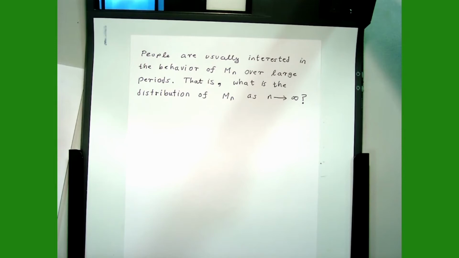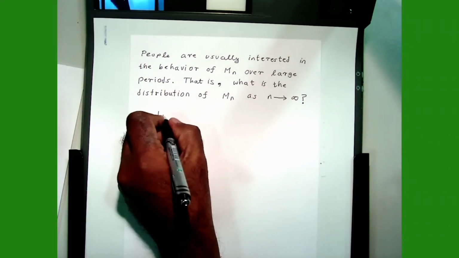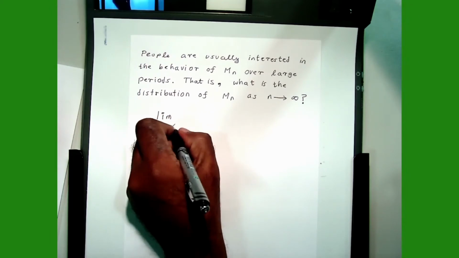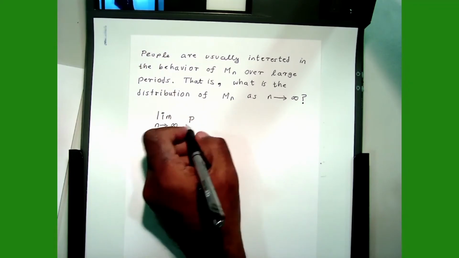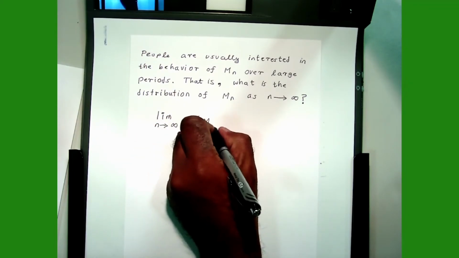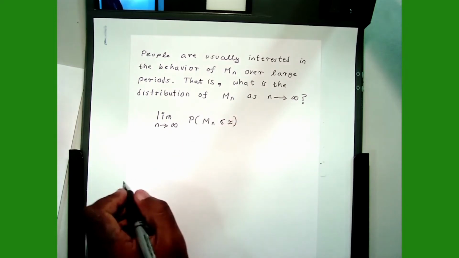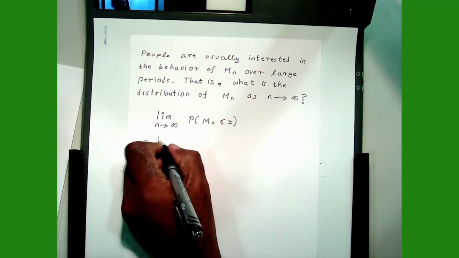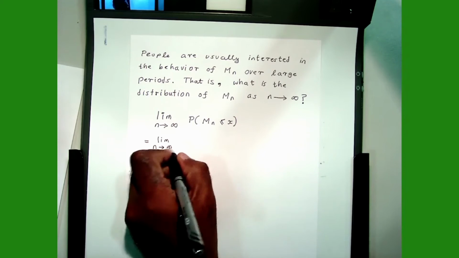So that's the question that I'm going to answer now. I want to look at the limit, which I'm sure you must have done in your first year. So I want to look at the limit of the probability that Mn is less than or equal to x as n approaches infinity. So this is the limit as n approaches infinity of F of x to the power n.